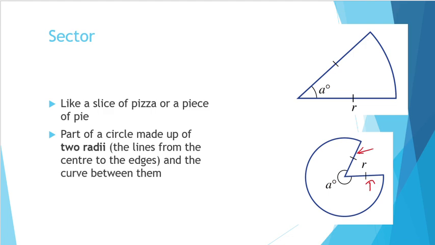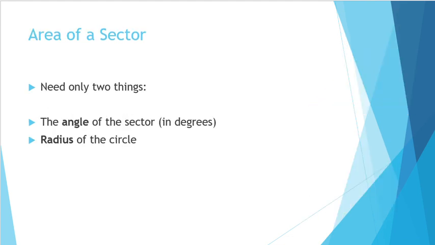So you're going to need to find out what the radius is or if it's given to you already. So two things that you need to find the area of a sector: the angle, make sure it's in degrees, that's the most important thing, and then you need the radius.